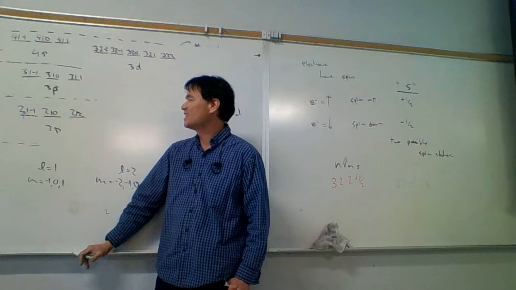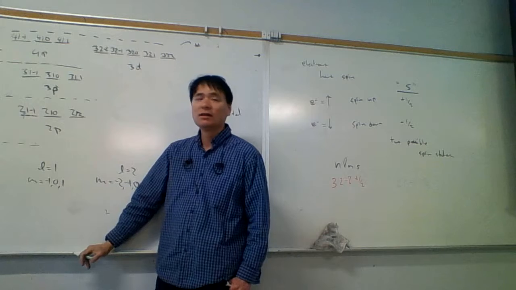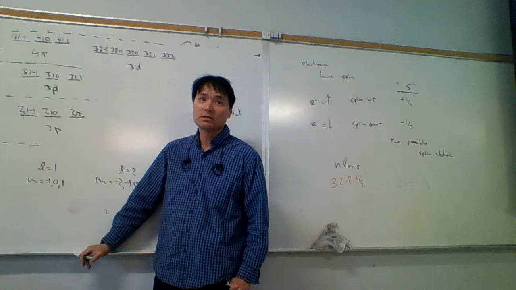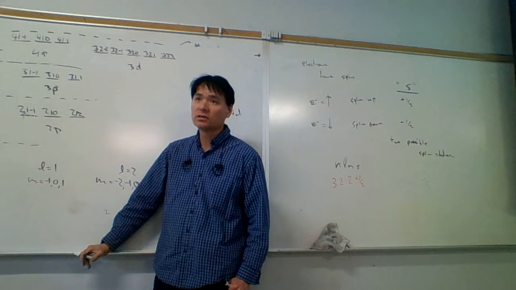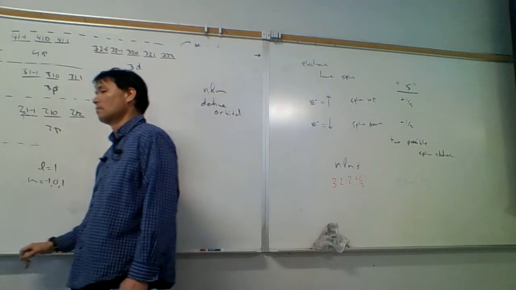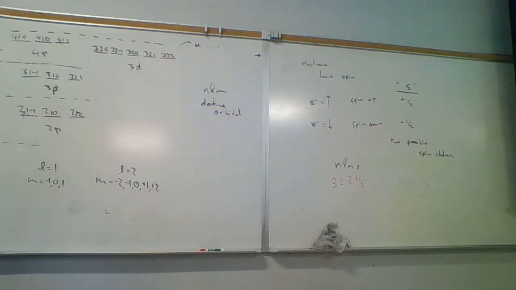Now, where should I put the 6th electron? Carbon has 6 electrons, and so the 6th electron should go in the same orbital or in a different orbital. Normally I'd put it in the same orbital, but there's something called Hund's rule, which is not talked about in the book.